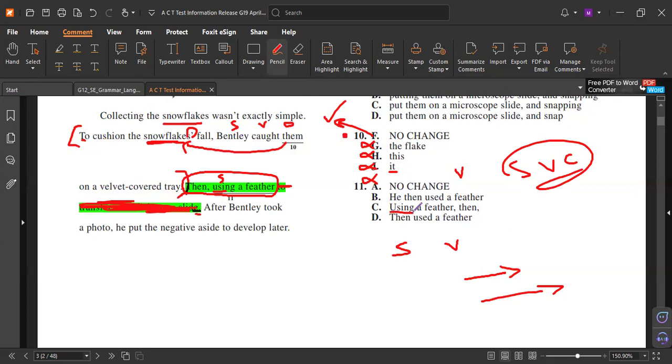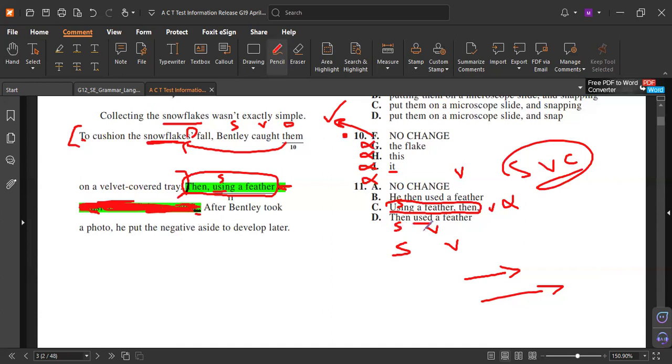Again, using, this is a sentence. Using subject, what is the verb? No verb, wrong. And now use the verb. Okay, what is the subject? What is the subject here? Remember, I delete the phrases. I don't look. The subject. That means there is no subject. Who used a further?